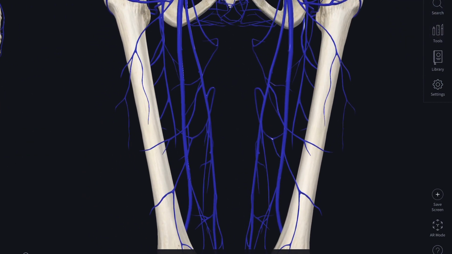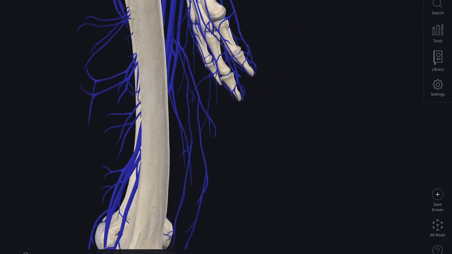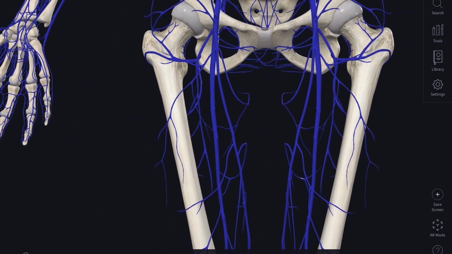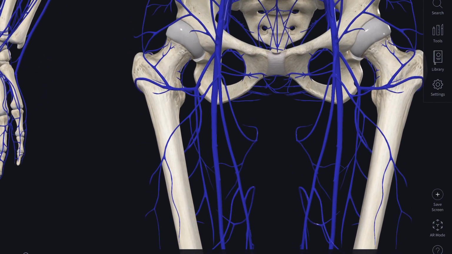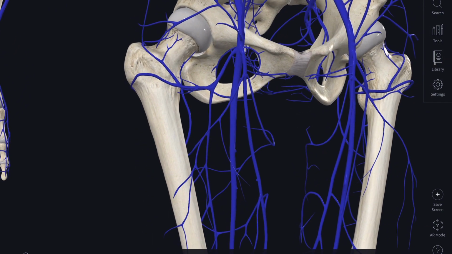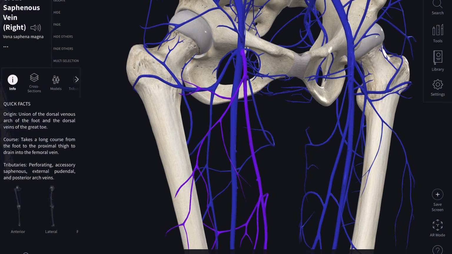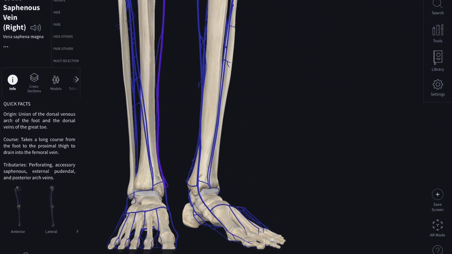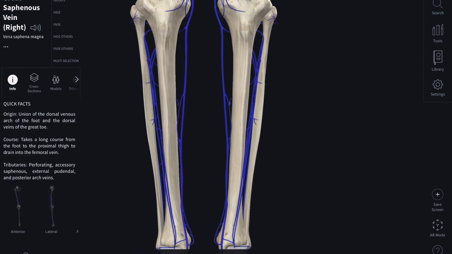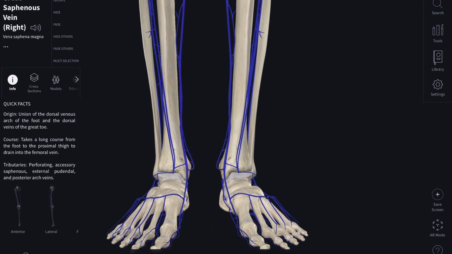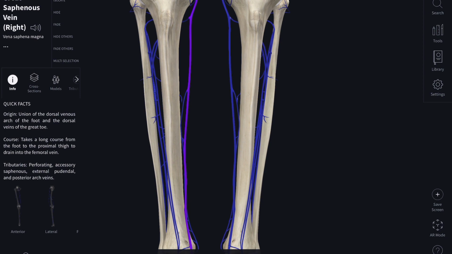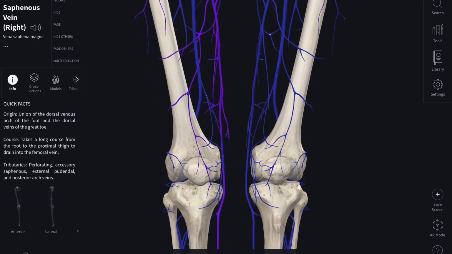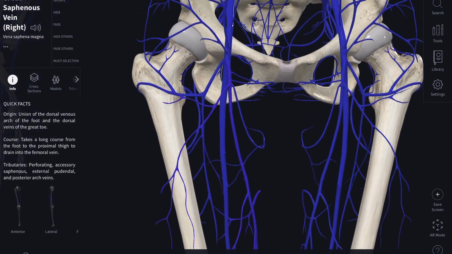So the femoral vein is going to receive venous drainage from the popliteal vein and from the other superficial vein that we mentioned that traveled medially, which is the great saphenous vein. So the great saphenous vein carried the venous drainage from the dorsal venous arch, and also drained the superficial compartments, and moved upwards and emptied into the femoral vein.